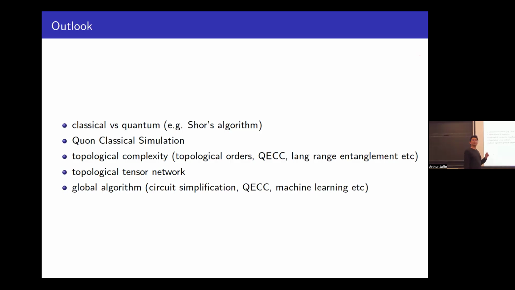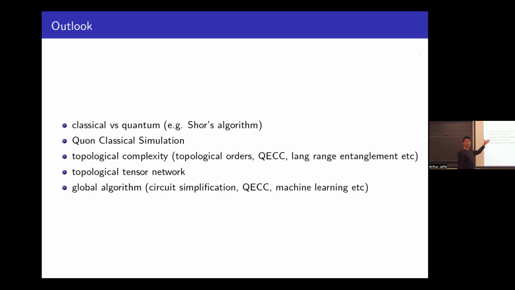And this is much cheaper. And after we have a circuit, then we run it in the lab. I think that's a better strategy. So in that way, we can take advantage of this classical simulation. And eventually we see where the essential quantum advantage is.